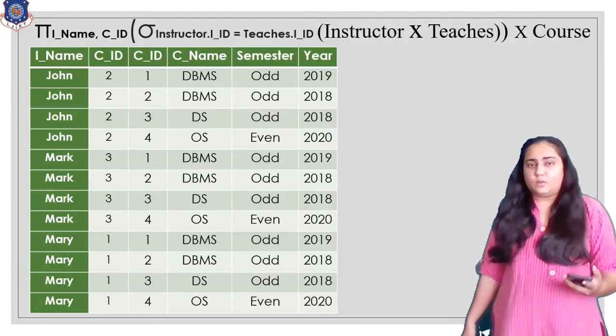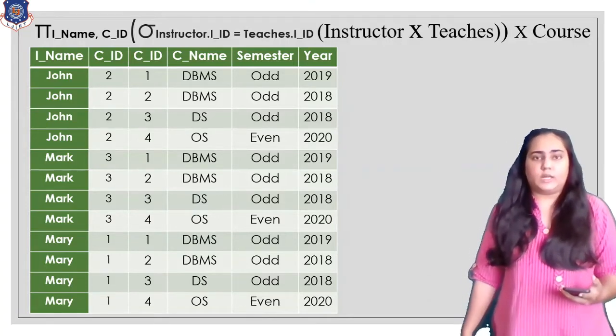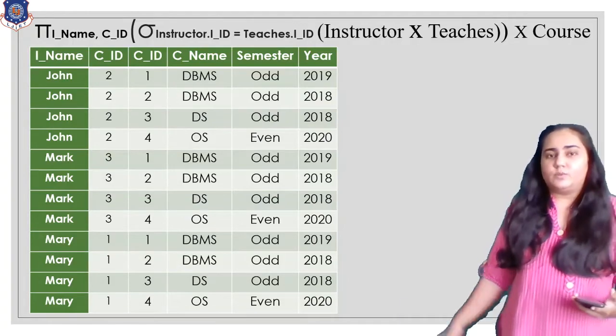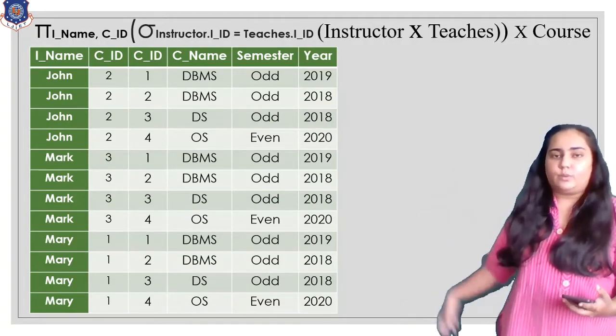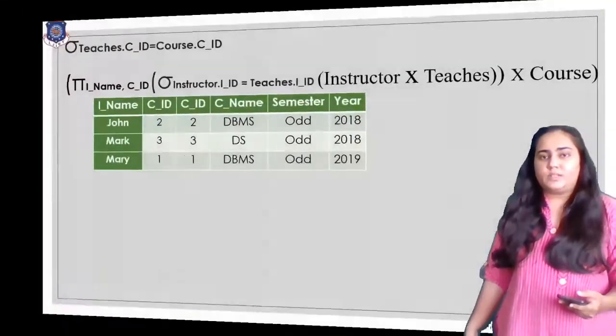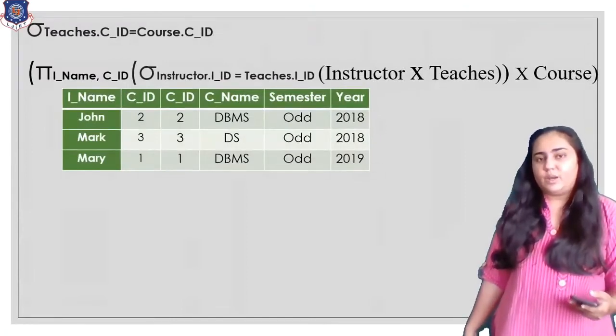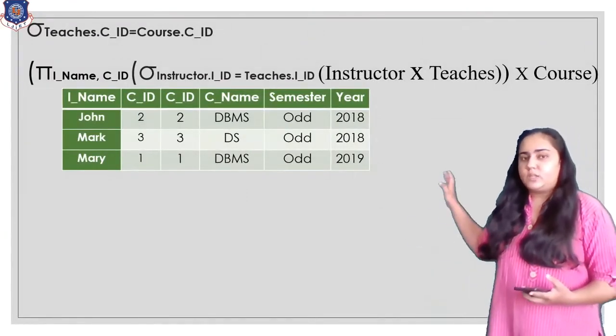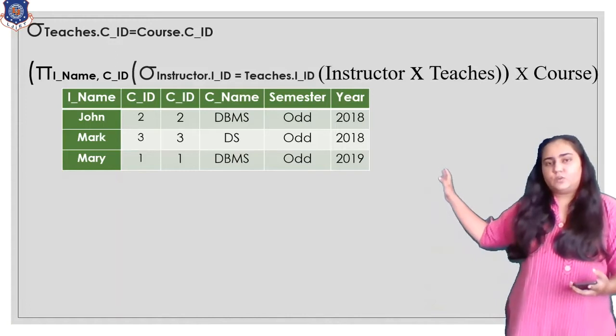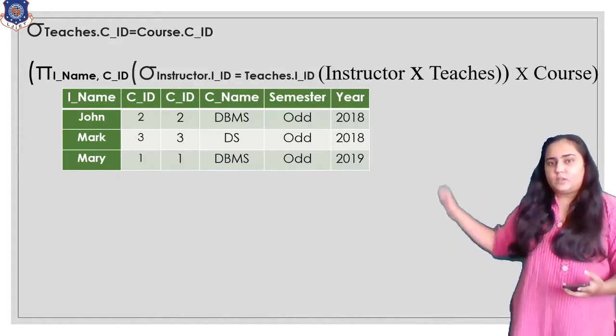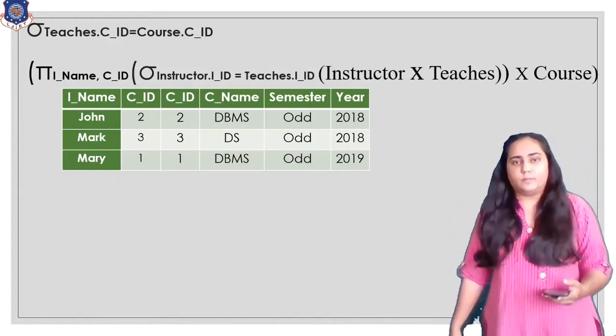And once again, now if I want some useful information, I can compare the common columns, which are C ID in both the tables. And once I do that, once I compare those, then this is what I will get. I have C underscore ID coming twice, and you can see both are matching.